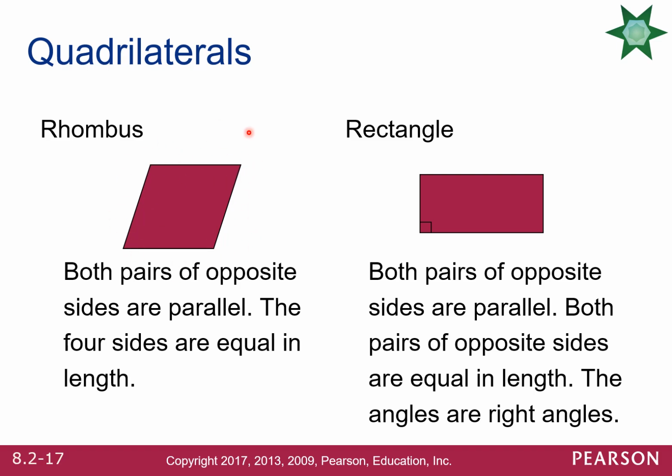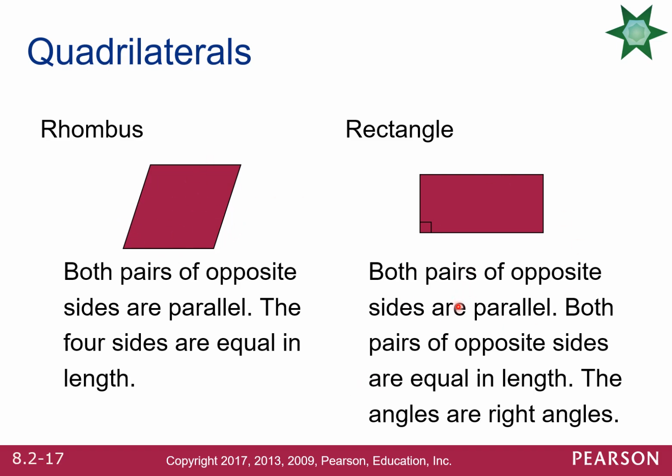They are all equal in length, the sides, but the angles in a rhombus are not 90-degree angles. That's the property of a square. Here the angles are not 90-degree angles. However, the opposite sides are parallel to each other.